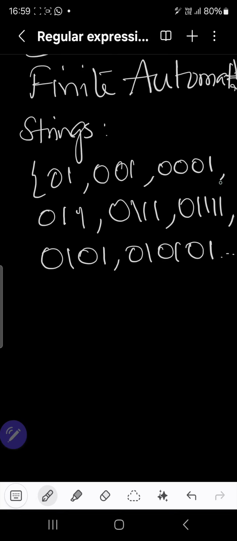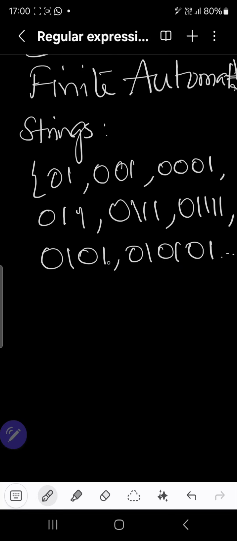All those strings are permissible in this language. Also, we can see 0 followed by so many ones, 011, 0111, 01111, like that. All those strings are permissible in this language. Also, we can see 0101 is permissible in this language, 0101, like that. All those strings are permissible in this language.